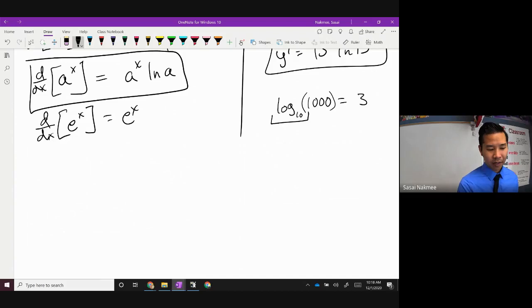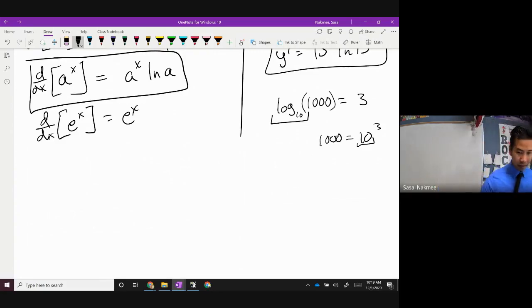Log base 10 of 1,000 is equal to 3 because 10 to the third is equal to 1,000, where this exponential function is the inverse of that log. And you're probably going, what the heck? So we don't really talk about log as your base because log itself is a function with a specific base, right? So whatever your specific base is, the inverse of that would go in the base of your log. Anyways, let me move on.